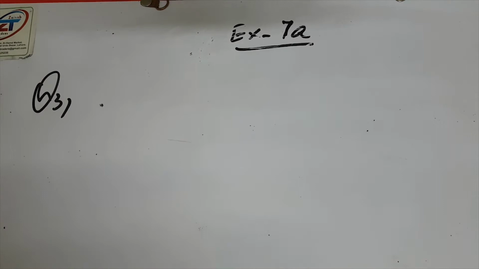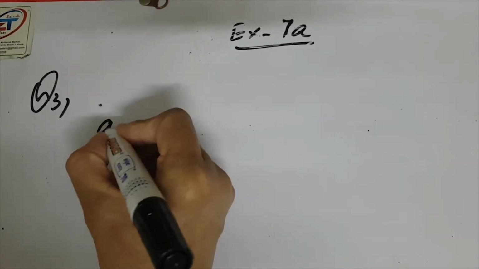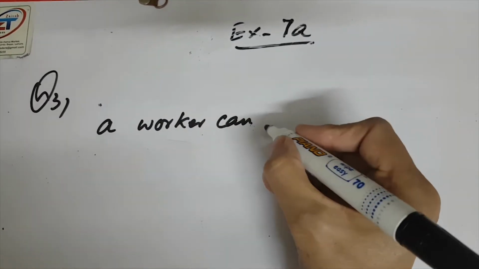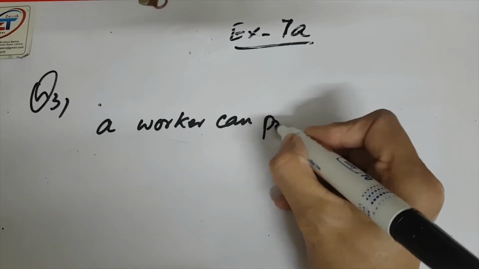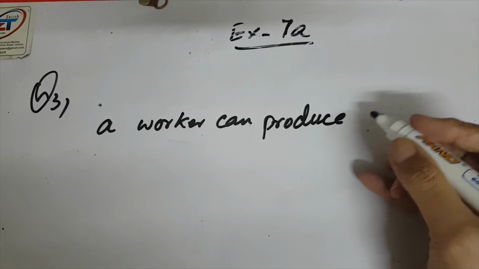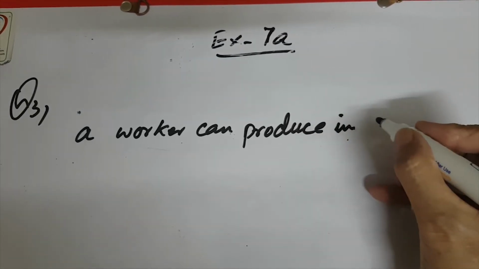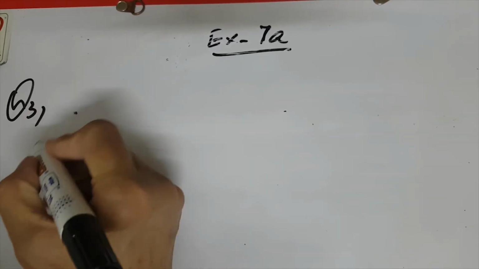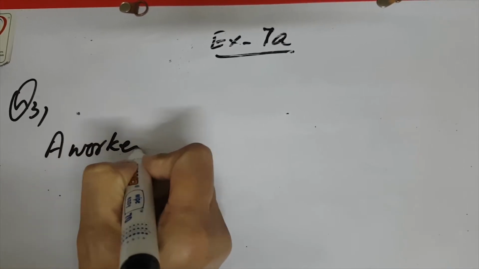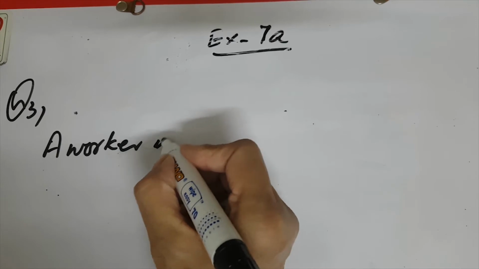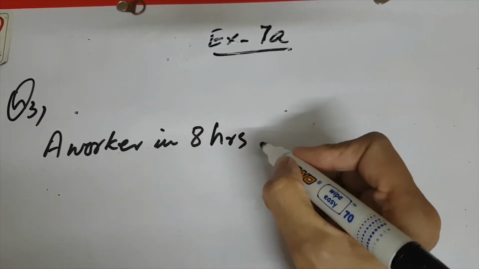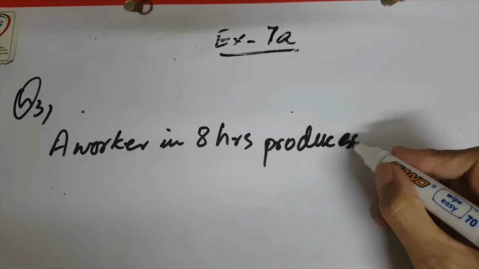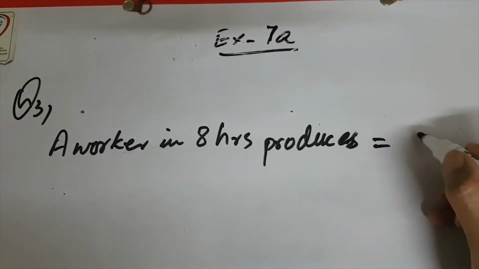So write down the first statement which is given: a worker can produce, or you can say a worker in 8 hours produces how many toys? 28 toys.